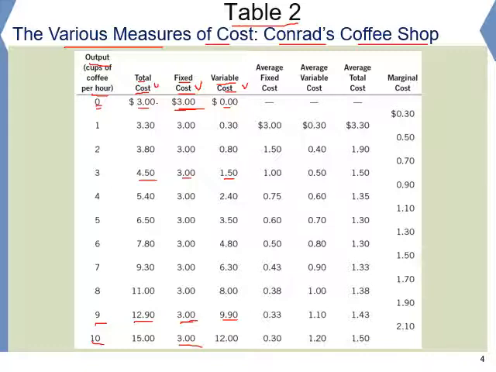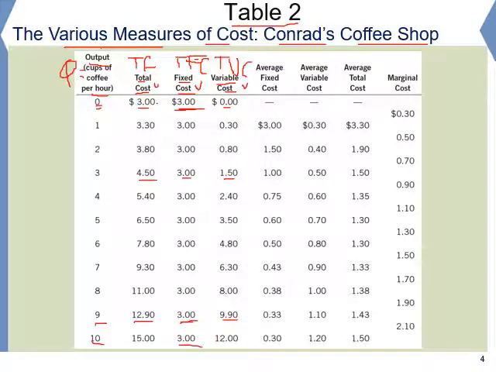If I call this Q, this is TC, the total cost, this is TFC, and this is TVC.